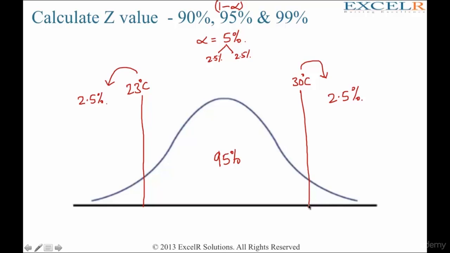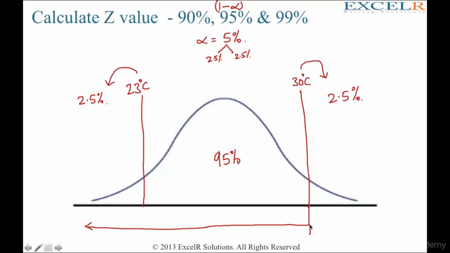Now, given this probability, 95%, 2.5%, 5%, all these are probabilities. Given the probability values, if you want to calculate the z value, then you need to do this, right? You know for a fact that when you calculate the probability, it will calculate the entire region towards the left.